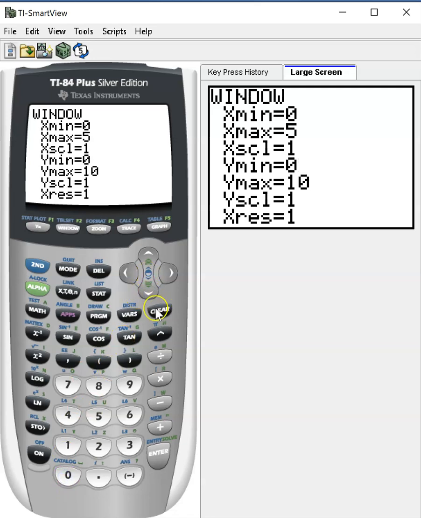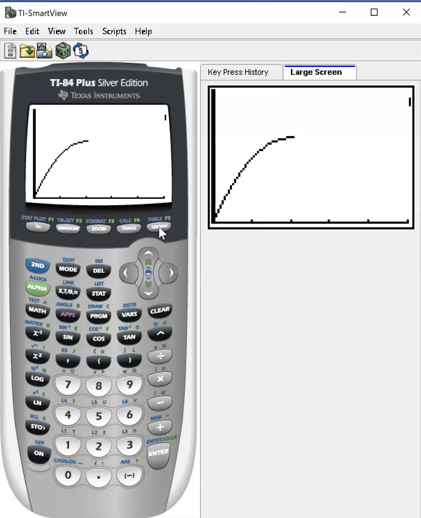And then I need to choose something larger for my y max. I'm not sure what it needs to be, so I'm going to try something larger like 100 and see how that works first. Actually, 100 worked out really nicely, so I can just leave it at 100. If it didn't, I would just go back to the window and keep playing with that number until I got a good picture of my graph.